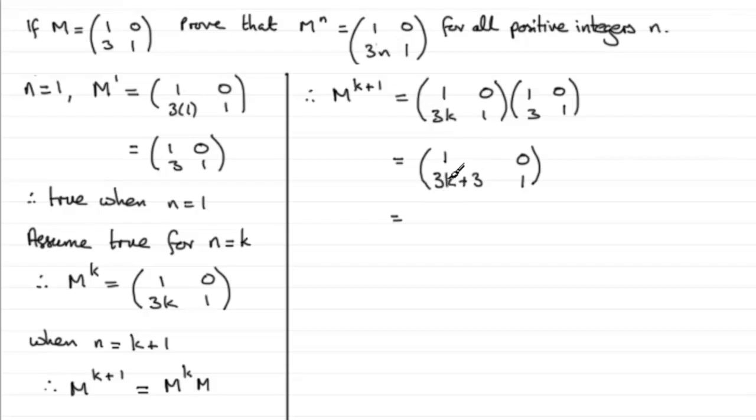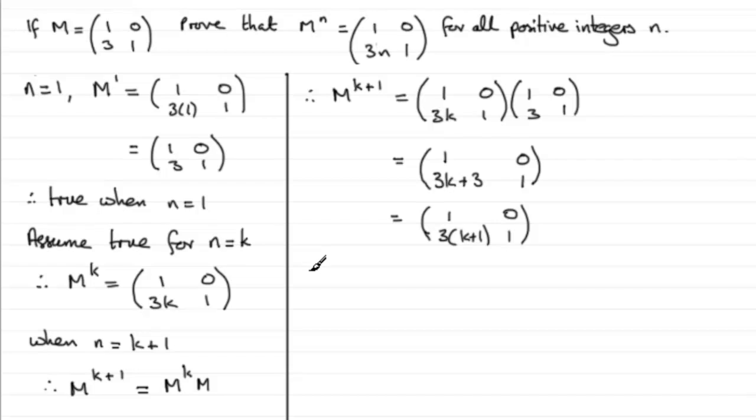And you can see I can get that from here just by factorising this term here. So if we just do that, we've got 1, 0, and then in the bottom here 3 bracket k plus 1, and then we've got the 1. So you can see hopefully that this is now true for n equals k plus 1.